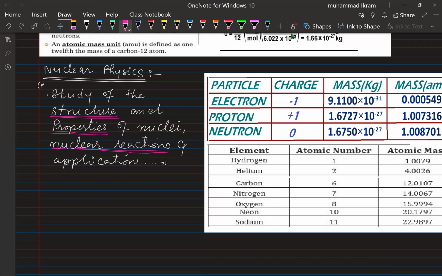And you know, these nuclear reactions are two in number: the fission reaction and the fusion reaction, and their application in our daily life, both in the time of peace and war.